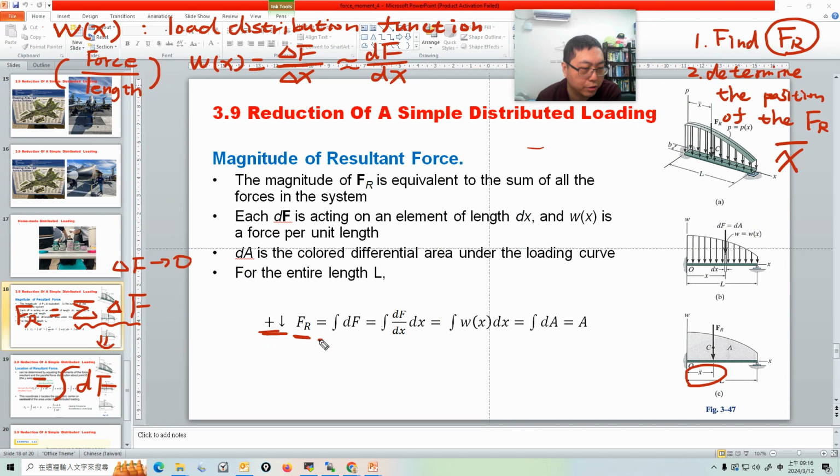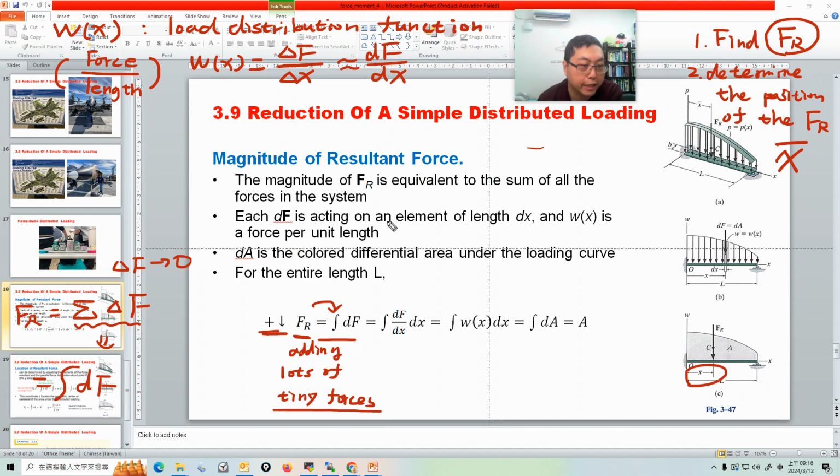So that's the first step: adding lots of tiny forces.